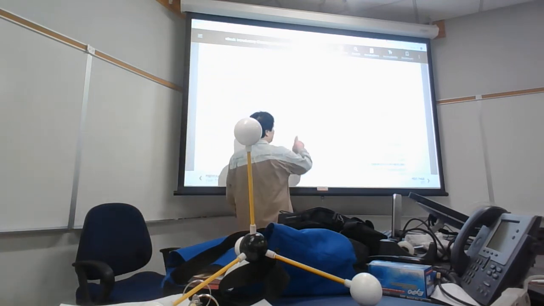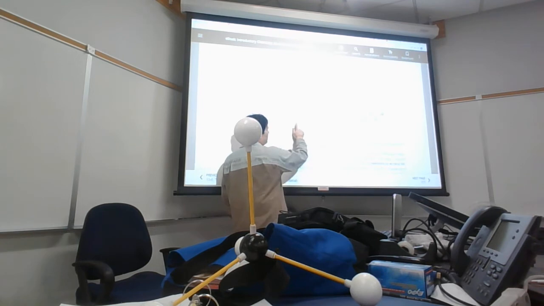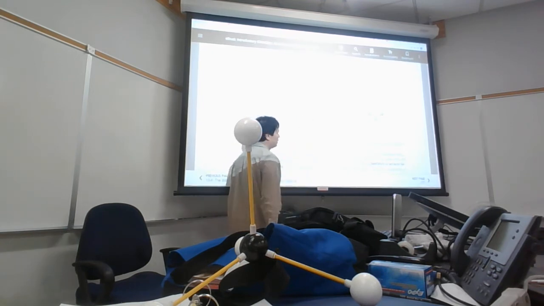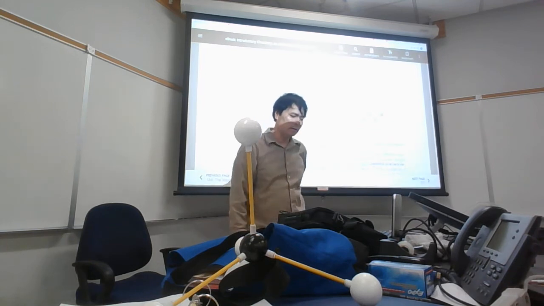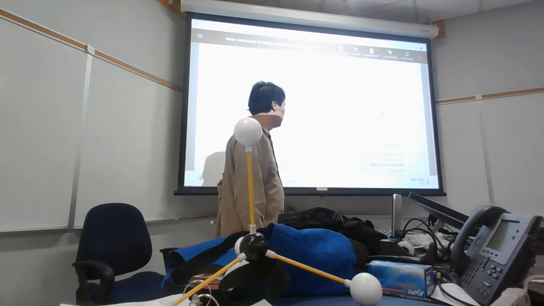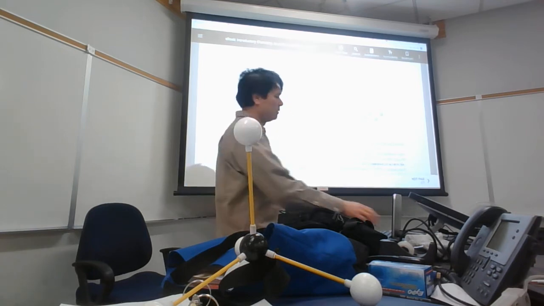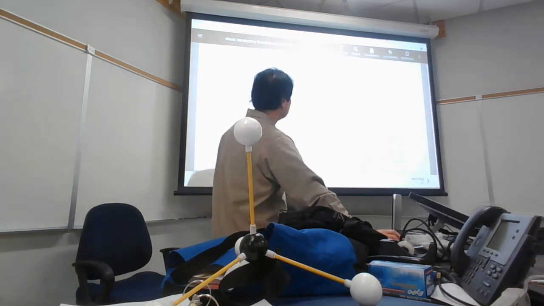We have the alkanes, the A-N-E ending. Then we have the alkenes, the E-N-E ending. Then we have alkynes with the Y-N-E ending. Alkanes all have single bonds. Alkenes will have a double bond thrown in there. Alkynes will have a triple bond thrown in there. But all you need to know are some simple things. These hydrocarbons are all flammable. They're all electron rich.